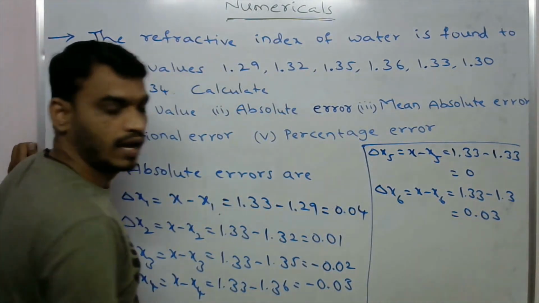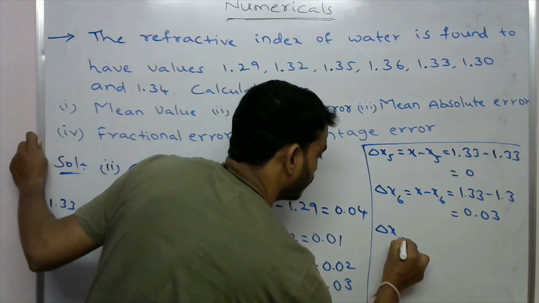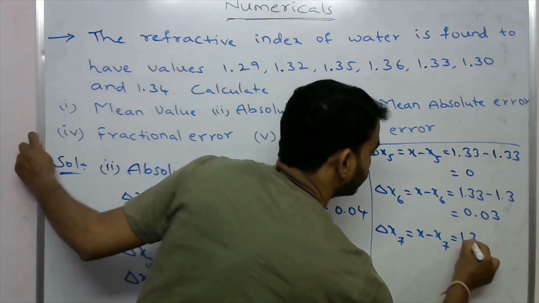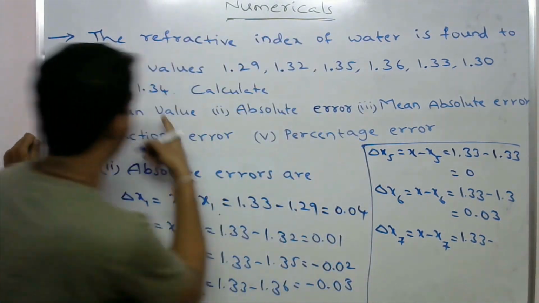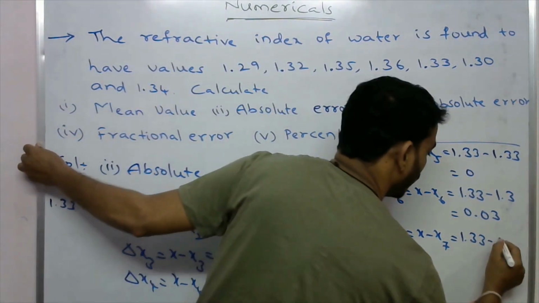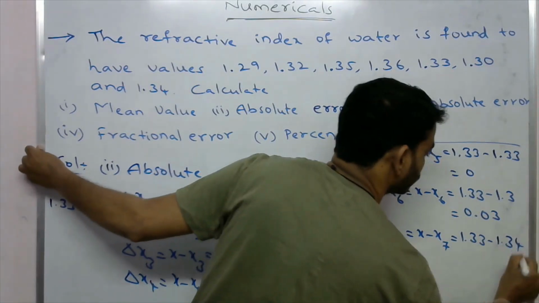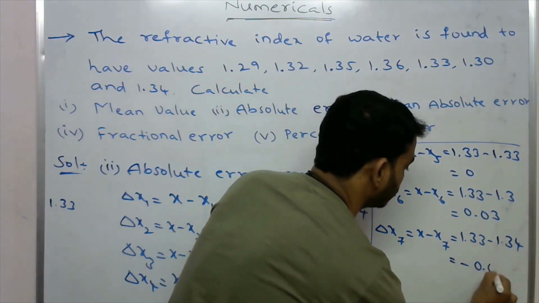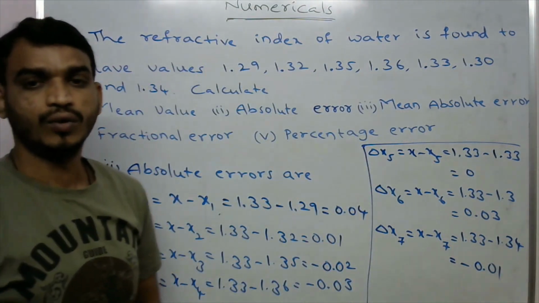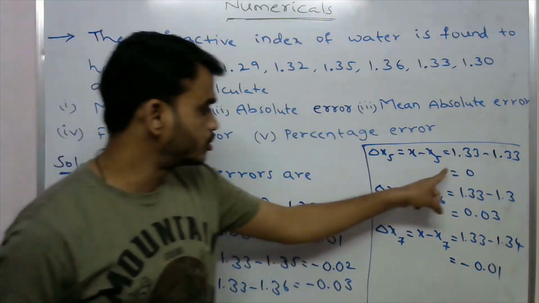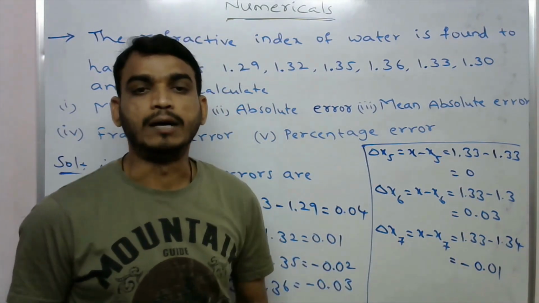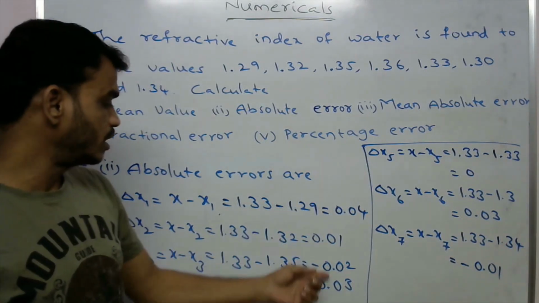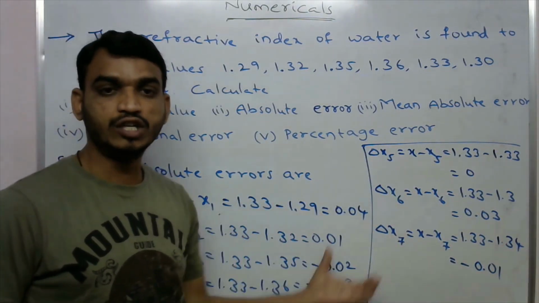And delta x7 equals x minus x7, so 1.33 minus the seventh value 1.34, which is minus 0.01. All these values are the absolute errors.